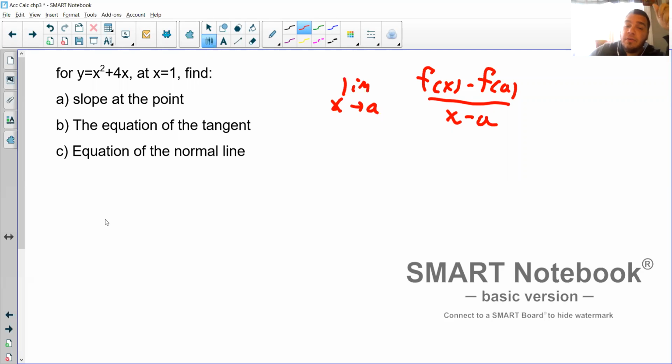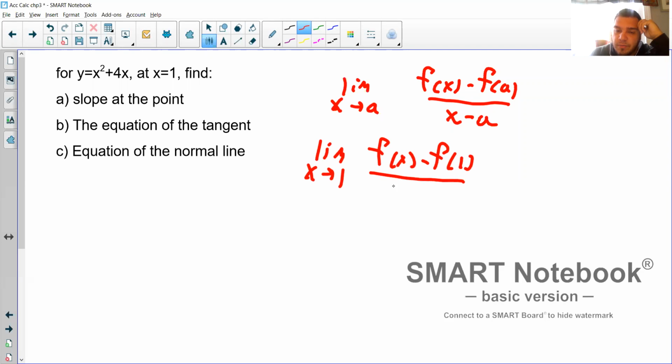So what we're going to do is for the limit as x approaches a, I'm going to change that to the limit as x approaches 1, f of x minus f of 1 over x minus 1. Going to plug it into the equation over there.